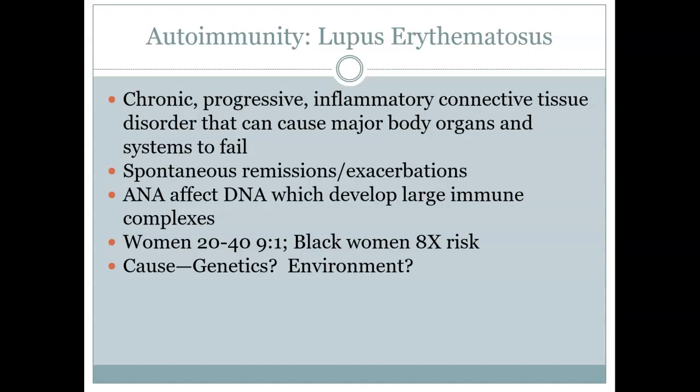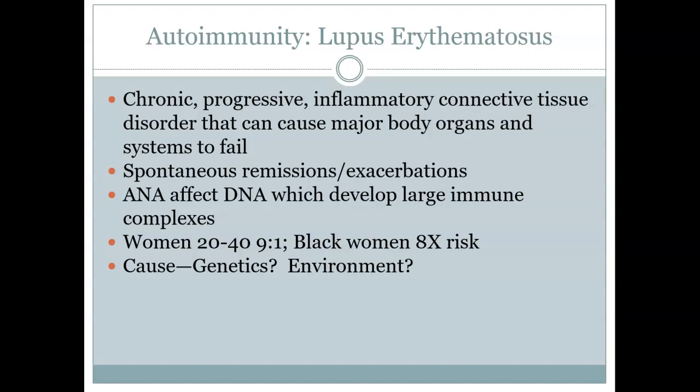Lupus is a chronic, progressive, inflammatory connective tissue disorder that can cause major body organs and systems to fail. There are many different ways that lupus manifests itself in different people. Some people will have characteristic symptoms.